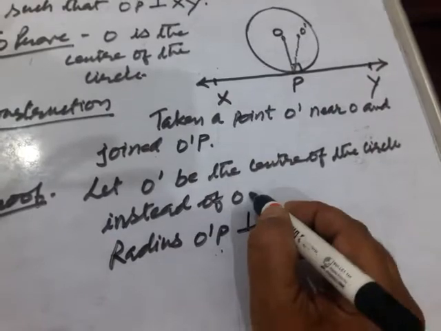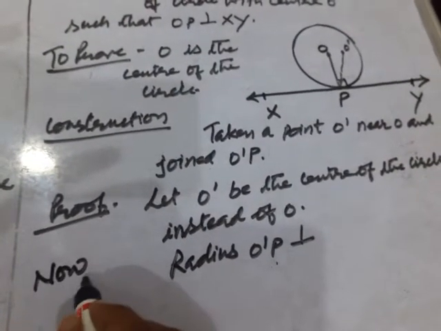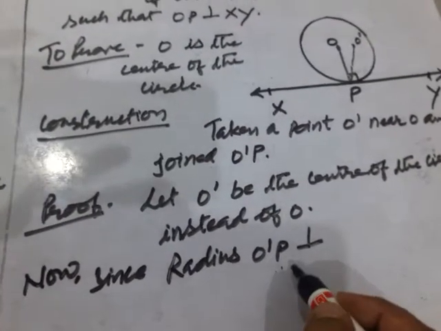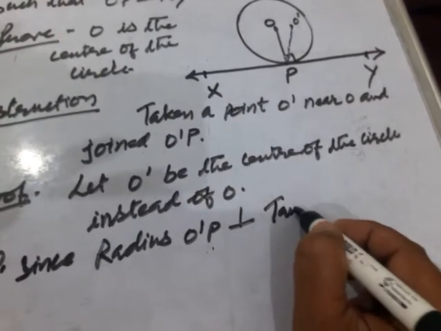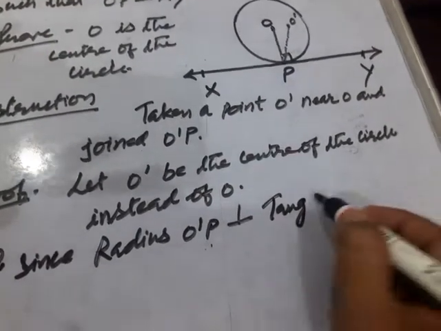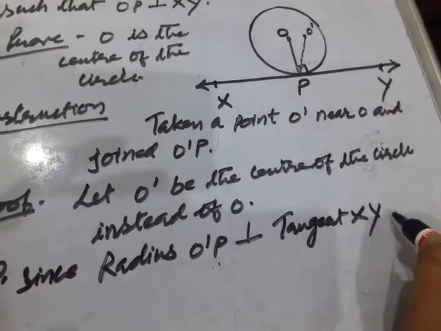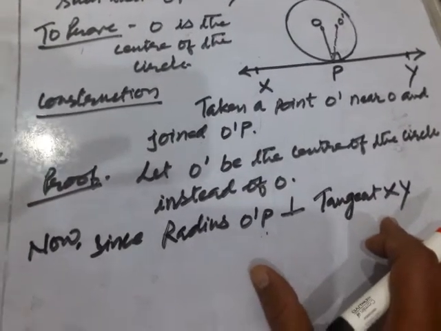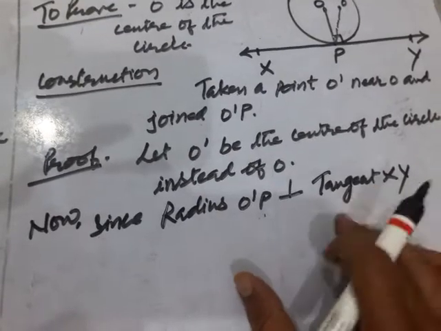Now we know that since radius O dash P is perpendicular to the tangent XY, this implies that, as we know, the tangent at any point of a circle is perpendicular to the radius through the point of contact.